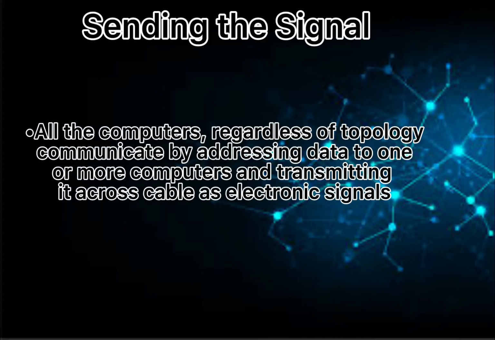When a computer has data to send, it addresses that data, breaks it into packets, and sends it across the network as electronic signals. These signals travel the length of the cable segment, and all connected computers receive them. However, because of the address given to the packets, only those computers for which these signals are destined accept that data.